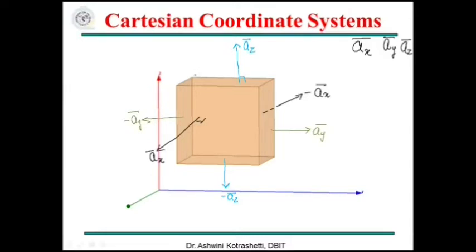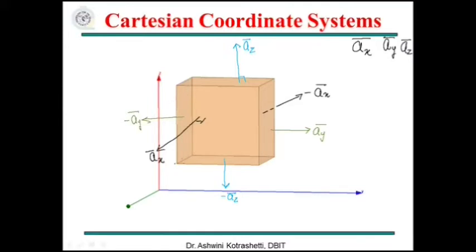Having defined unit vectors, it is now time for us to define the differential lengths. Let's consider that the length, width and the height of this box is small. It is differential. When I say differential, it means it's small. Now how do I define lengths?